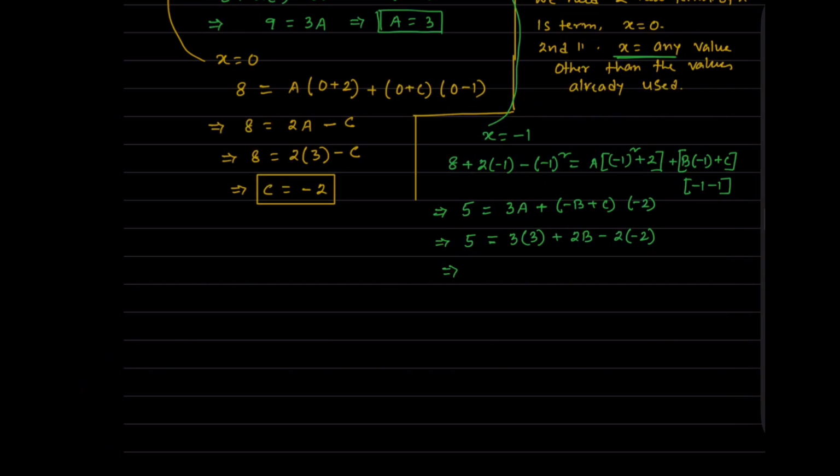If you calculate this, we get 5 equals 9 plus 2b plus 4, and then 2b should be minus 8, or finally we can write b equals minus 4.